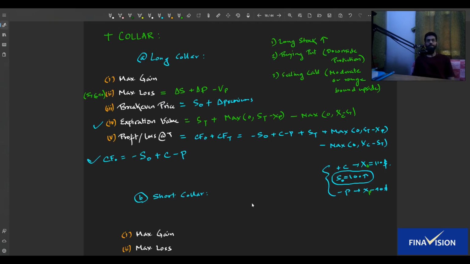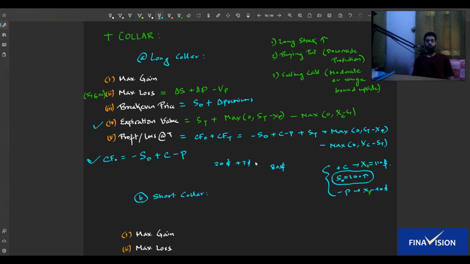Now in our example, let's say the price went to $80. This means what? From the stock price, the loss is $20, right? $20 loss due to the stock purchase. Then the premium, let's say the call premium was $3, plus $3.